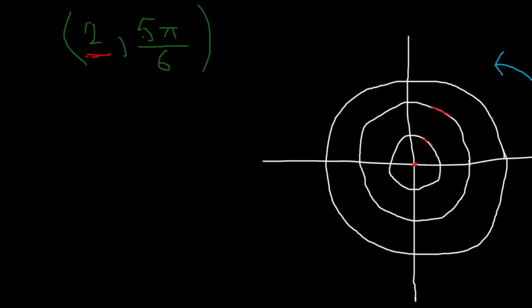So if you know the unit circle, you can graph this using the unit circle, but we can also convert it to degrees. So to convert radians into degrees, we multiply them by 180 over pi.